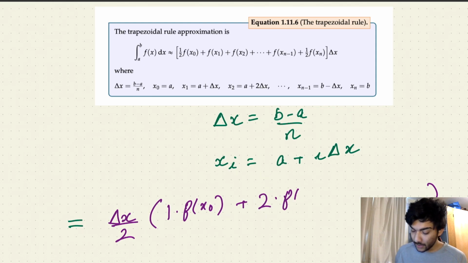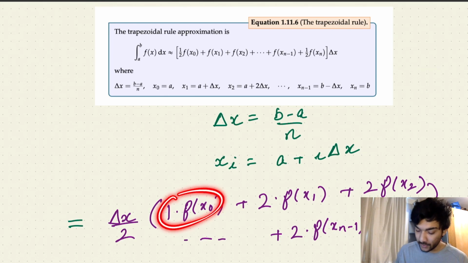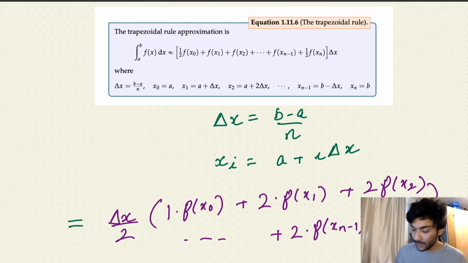So it would be 2 times f of x1 plus 2 times f of x2, and so on. You repeat this pattern until the second last term, 2 times f of x of n minus 1, and then for the last term you'll have 1 as your coefficient, just like the case of x0.